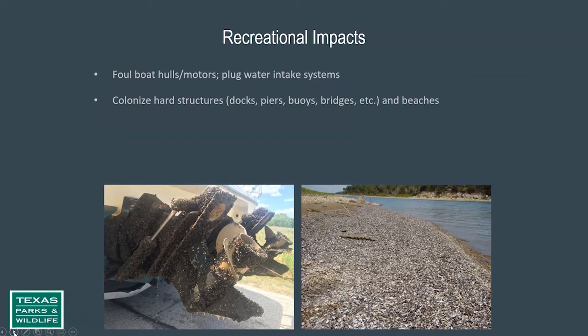And a lot of times these will wash up on swimming beaches and so forth, and their shells are incredibly sharp, actually. If you play around with them at all, you're going to cut yourself. So the beaches then become unusable unless you have some Crocs or something. So not exactly the fun thing to have.